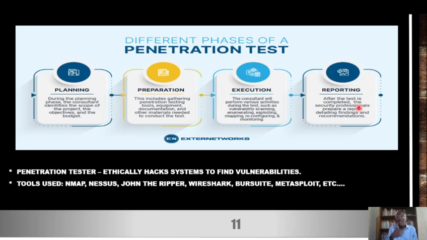You can consider certifications such as CompTIA Network+ or CompTIA Security+ to build your foundation more on networking and security. And you should also master key tools. Familiarize yourself with tools like Kali Linux, Burp Suite, Wireshark.